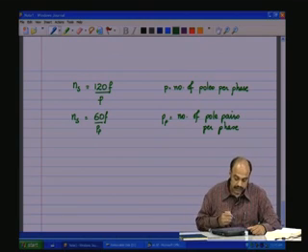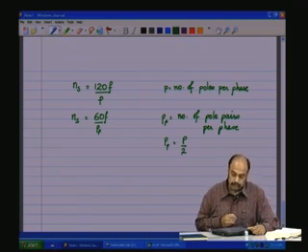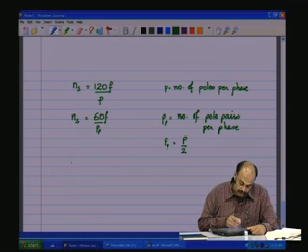It is better you know the nomenclature. And PP is always P by 2, number of poles by 2. And Ns, this is in RPM.